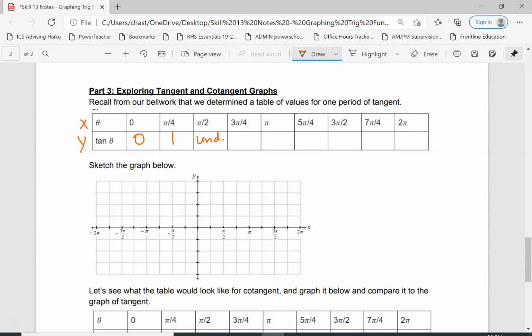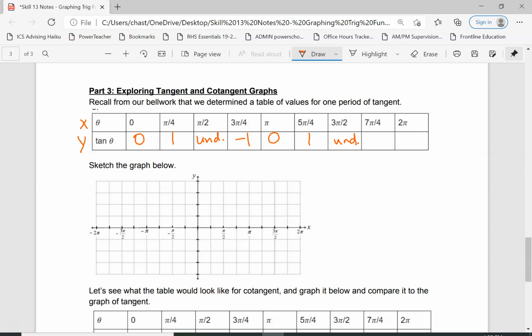At 3 pi over 4, which is 135 degrees, we get -1. At pi, we'll get 0. 5 pi over 4, that's 225 degrees, we get 1. At 3 pi over 2, that's 270 degrees, the calculator says error, so undefined.